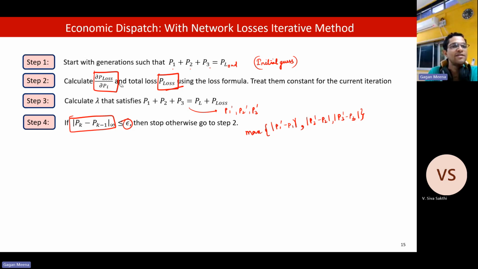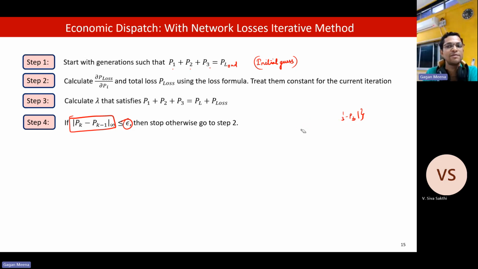Again, we calculate the new loss using the loss formula because we have new values of P1, P2, P3, and the same procedure. So it's a very simple thing. We just have to use these equations which we have already defined and then keep on repeatedly calculating until we converge.